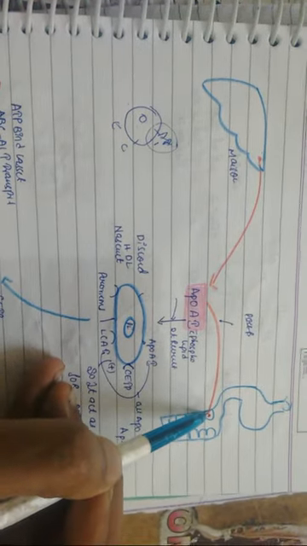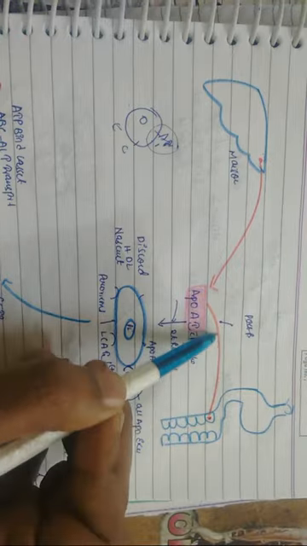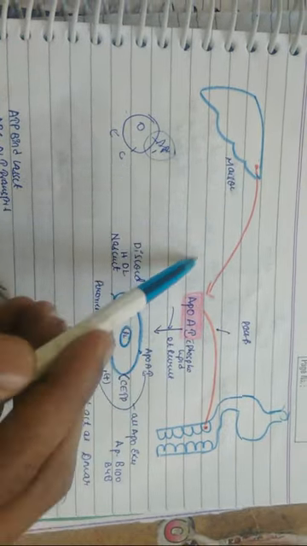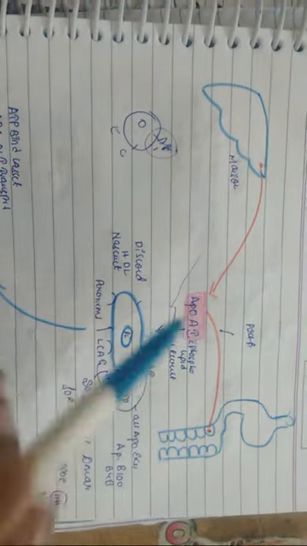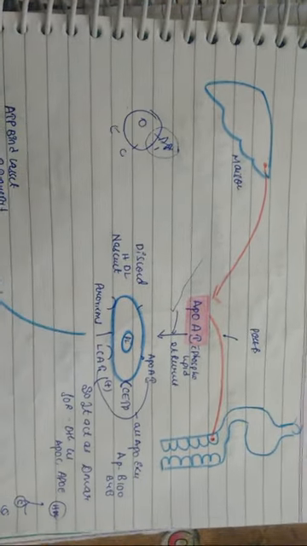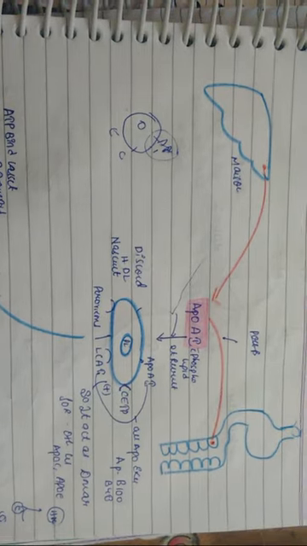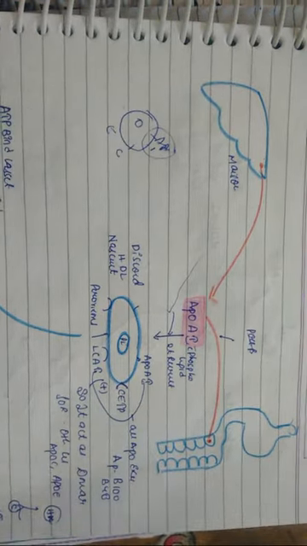You can see the red one here, and this is the apoprotein coming. The apoprotein, which is a protein of HDL, is formed from the liver as a major source and also from the intestine.